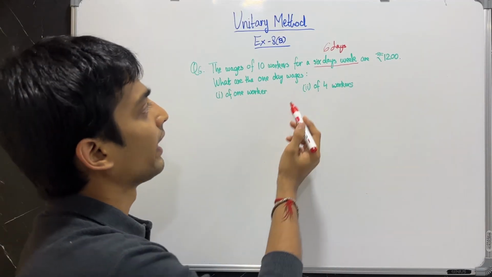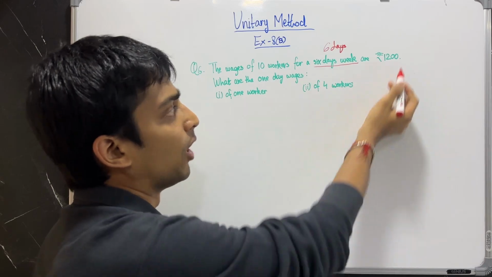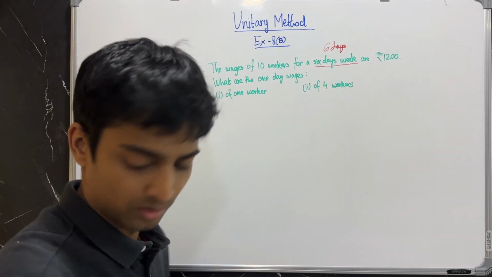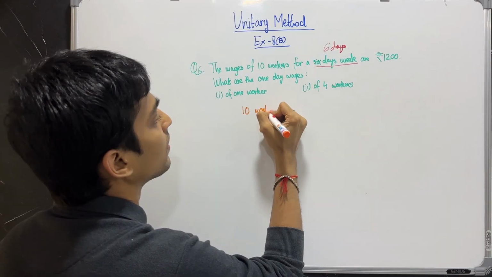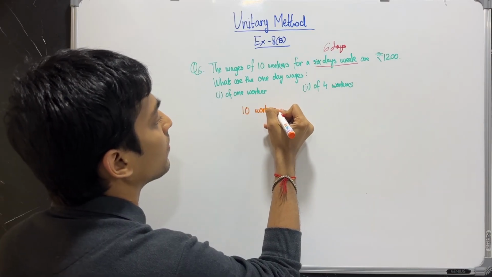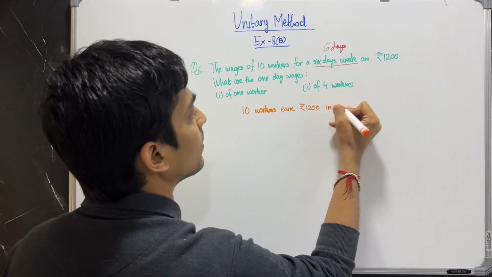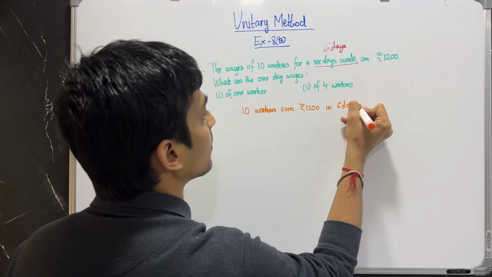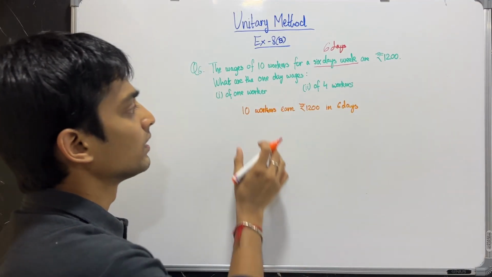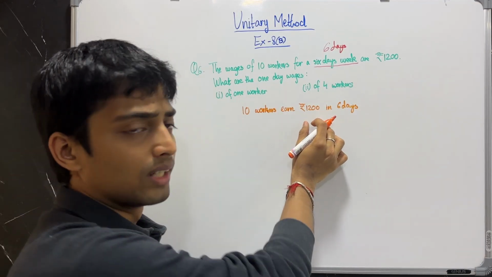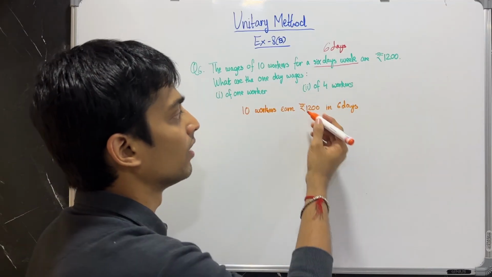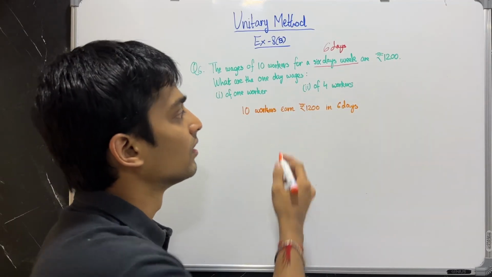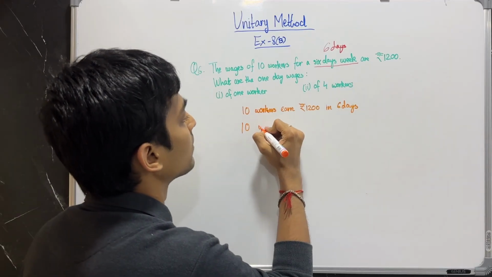So let's first find for 1 day how much they are earning. So let's write here 10 workers earn in 6 days. So for the 10 workers, they earn 1200 rupees in 6 days. So in 1 day, they will earn 1200 upon 6.